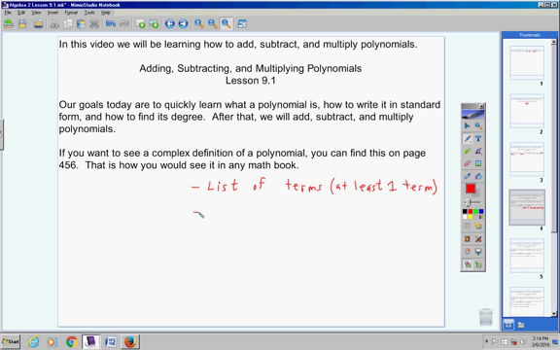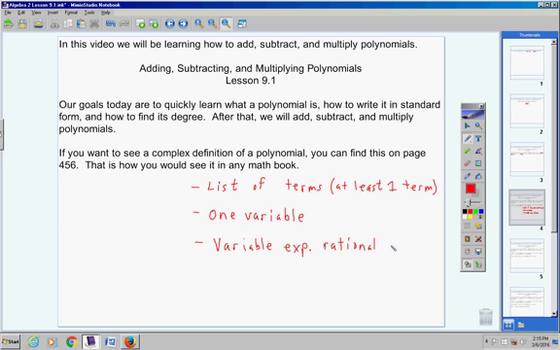Secondly, you should have one variable. Not two, not three, one. Okay? One variable. Next, the variable exponents have to be rational, and we'll talk about that in a second, okay?